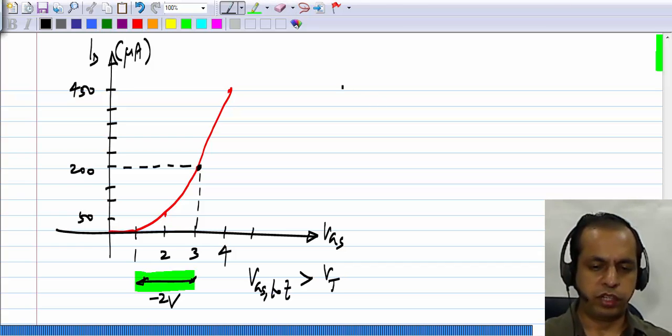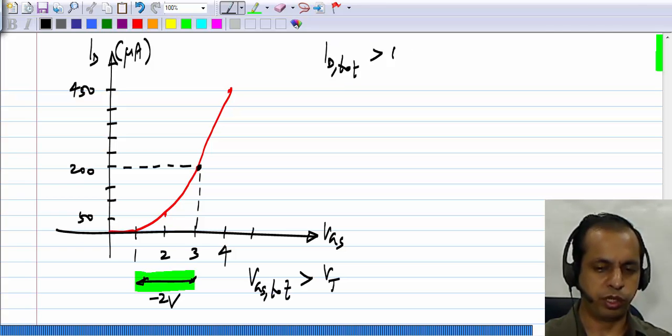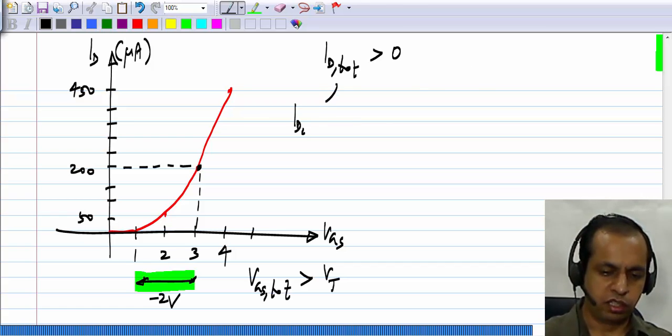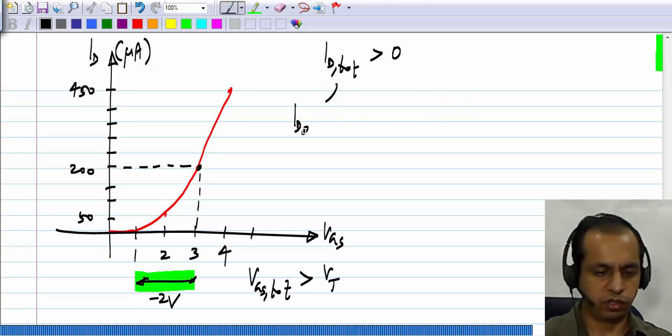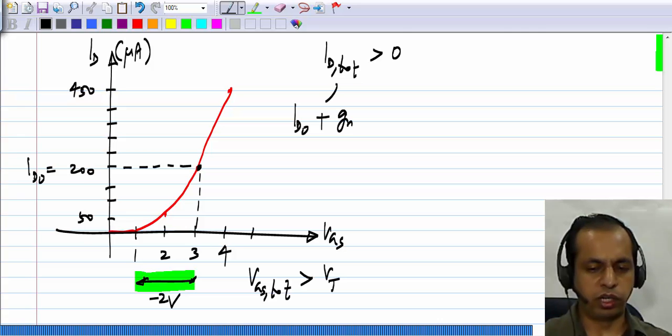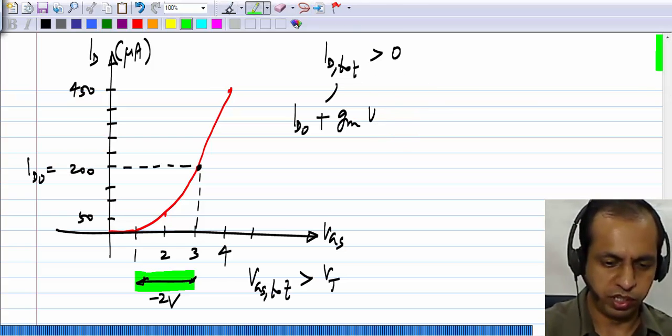Now we evaluated another limit by saying that ID total has to be greater than 0. In ID total we had the quiescent current ID0, which is here in our case, plus the incremental drain current calculated from the small signal equivalent circuit, so plus gm times Vi.